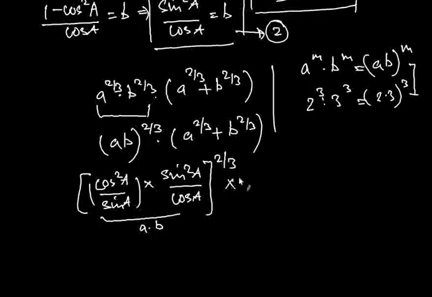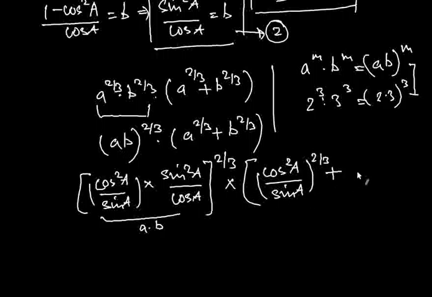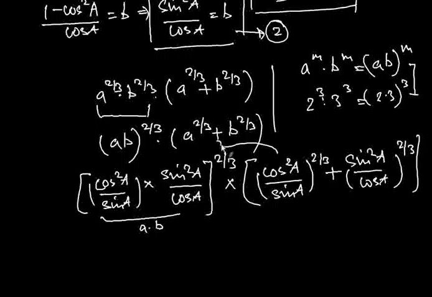And then this is multiplied by cos square A divided by sine A, this raised to the power 2 by 3, plus sine square A divided by cos A, this raised to the power 2 by 3, right? So this is what we have.